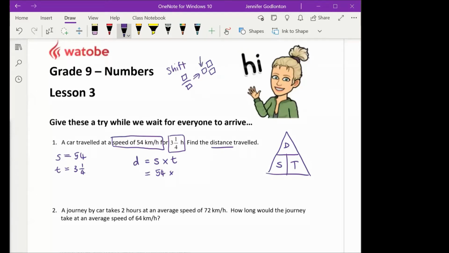And so then you can put in your whole number and you can put in your fraction in the other 2 blocks. If you don't push the shift key and you just put it in as a number and a fraction, it doesn't work it out correctly for you. It actually thinks it's trying to say 3¼ and everything gets a bit messy. So if you're putting it in straight as 3¼ please make sure you're doing this on your calculator. Everyone just double check that you know how to do that. And if you don't, let me know.